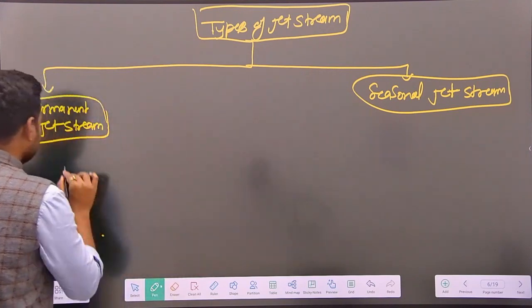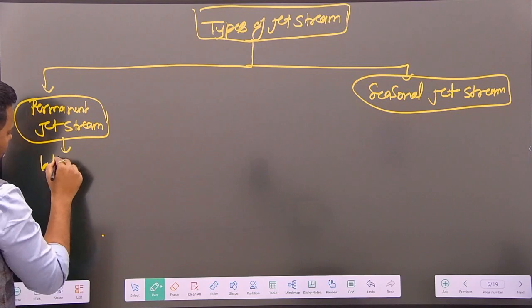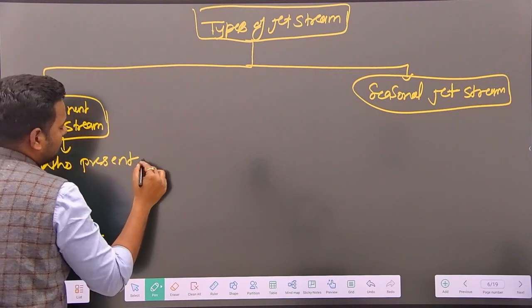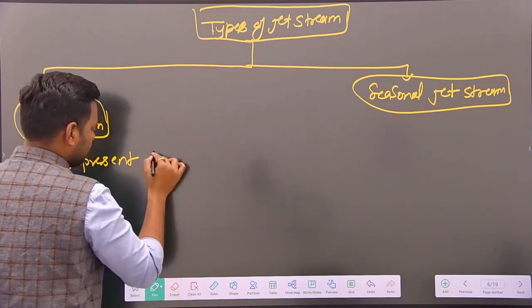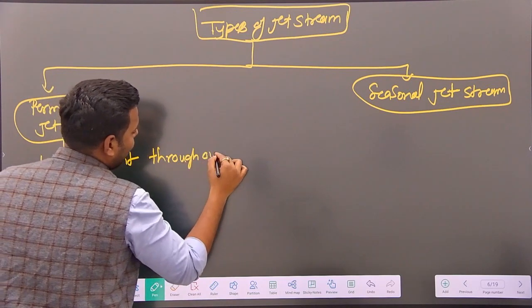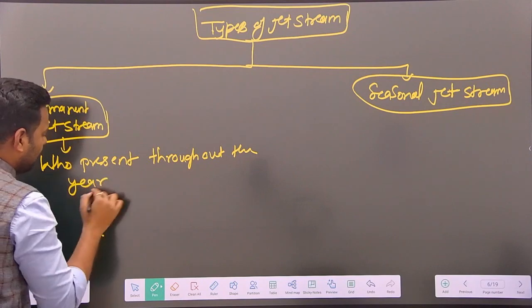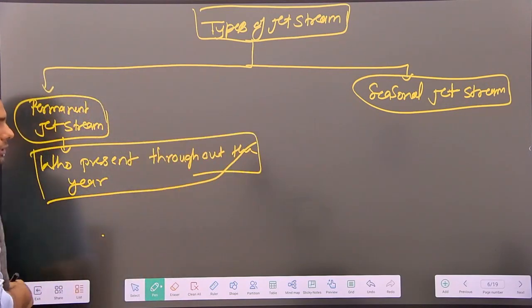What is the meaning of permanent jet stream? Permanent jet streams are those which are present throughout the year.